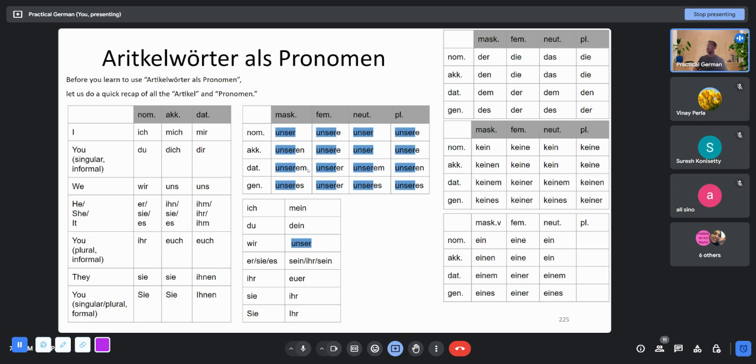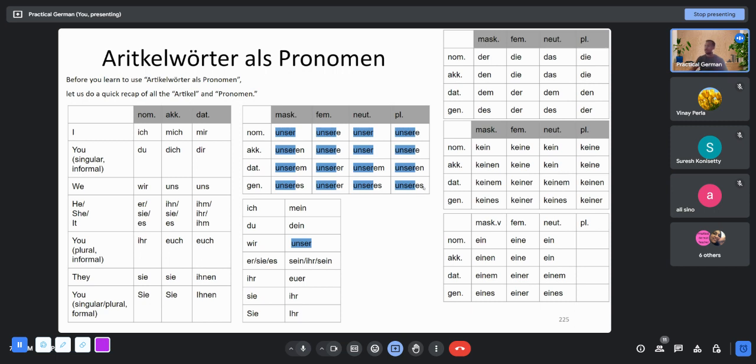And in dative case, you have to add the sound of M. So unserem and unserem for masculine and neutral nouns. In feminine, you have to add the sound of -er. In dative case, unserer. In plural, you have to add the sound of N. So unseren. Genitive, masculine neutrum, the sound of S is there. So unseres, unseres.